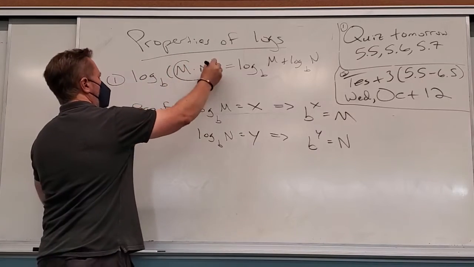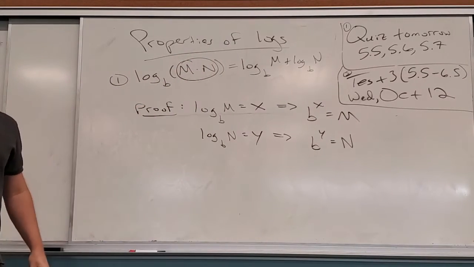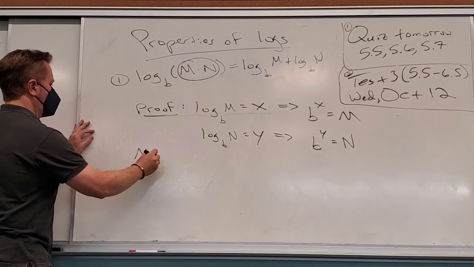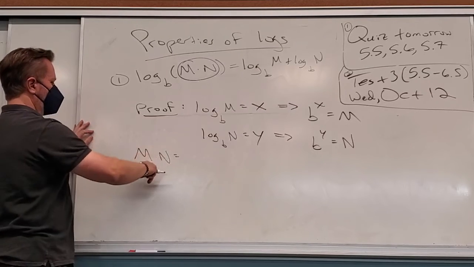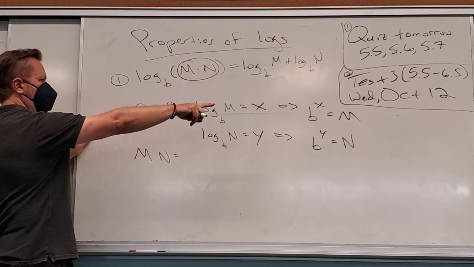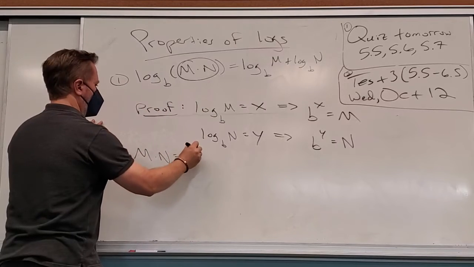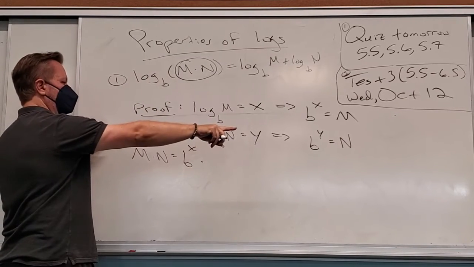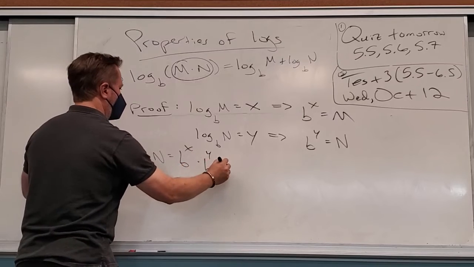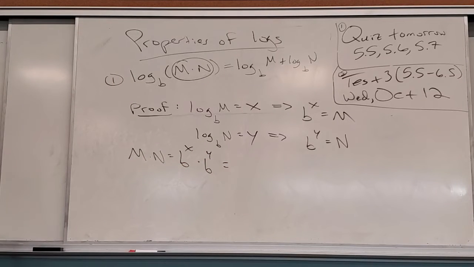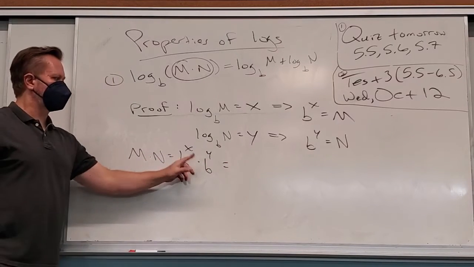Okay. So you see how there's an m times n here on the other side. So I'm really curious what m times n is. What is m? B to the x. What's n? B to the y. What can I do here? You guys can do this. What can I do in a multiplying basis? What can I do with powers?